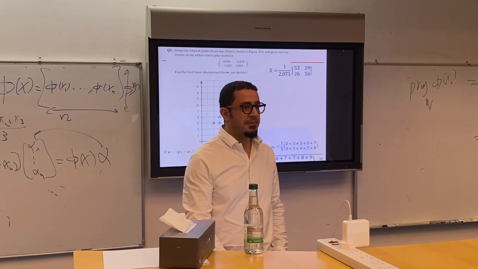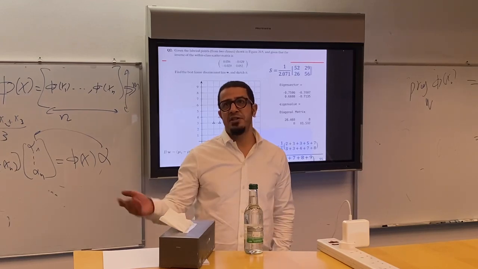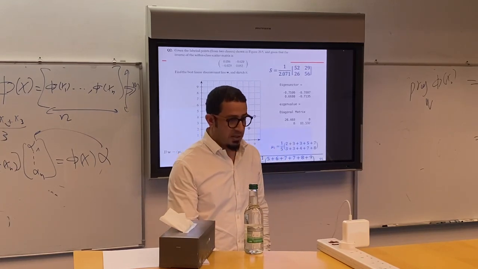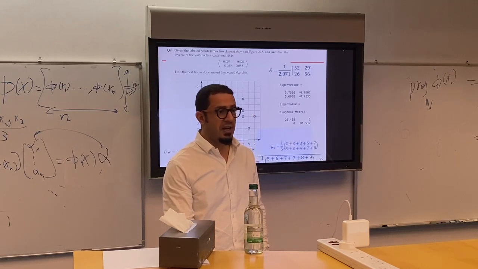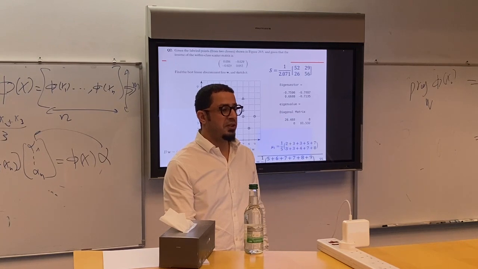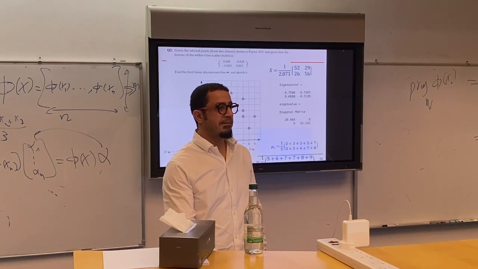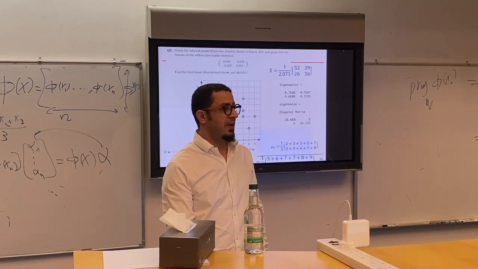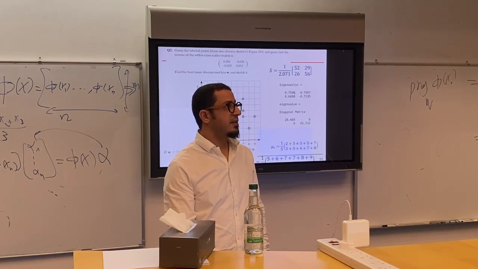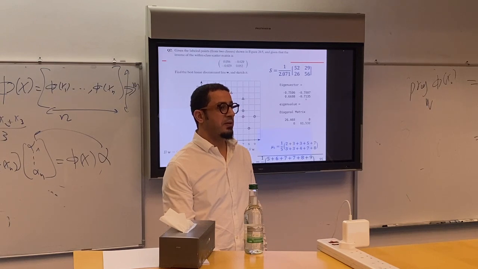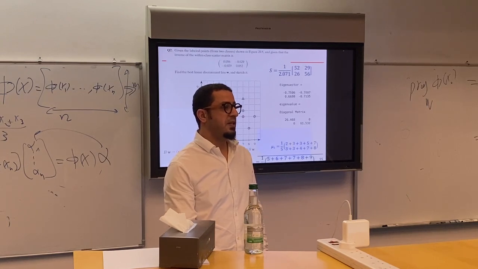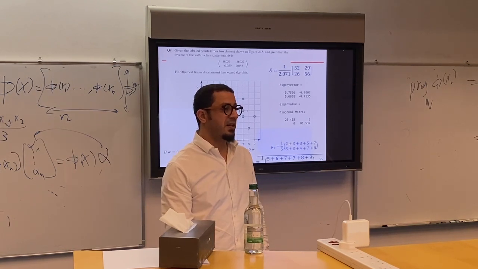So we have S. I just apply any language to find the eigenvalue and eigenvectors. So according to this, what is the best direction here? This is the eigenvalue, right? And this is the eigenvector. So you see this is the best one, which means this direction. Minus means this direction, right?